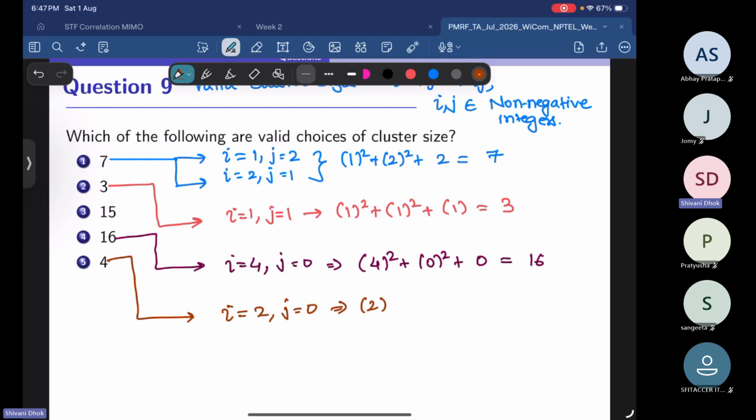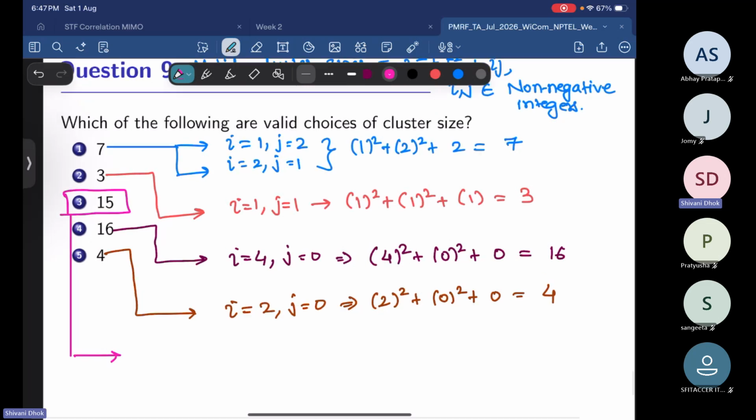So this will be 2 square plus 0 square plus 2 into 0, 0. That turns out to be equal to 4. So 7, 3, 16 and 4 are valid choices of clusters. But I had deliberately left out this 15. You can try it out. There is no combination of integer i and j that will lead to 15.